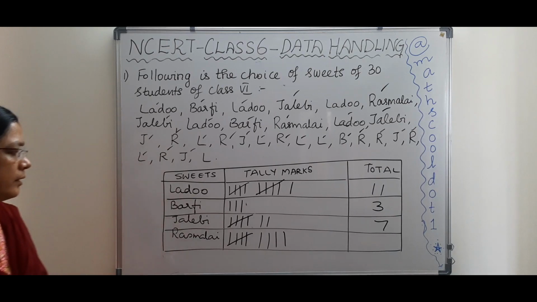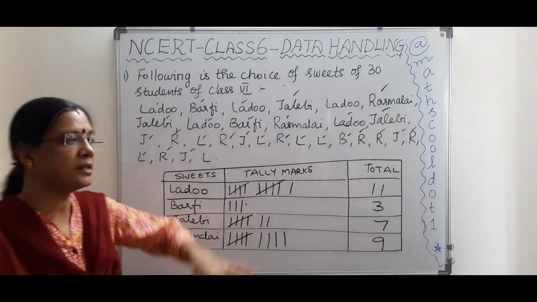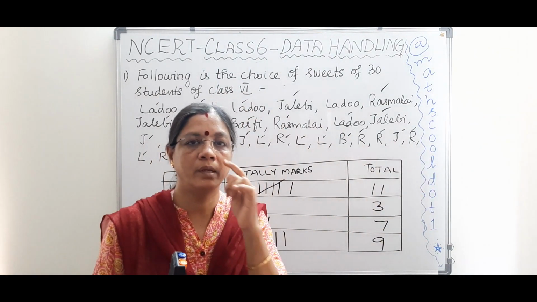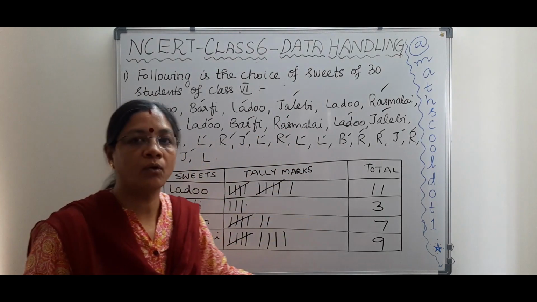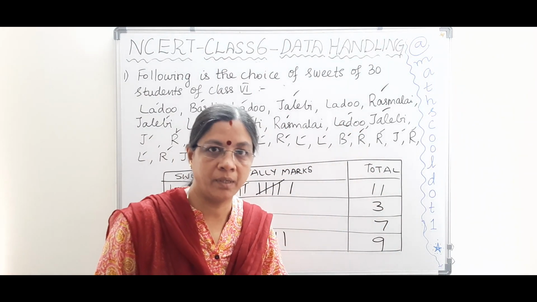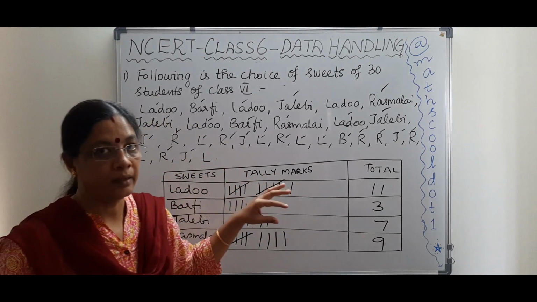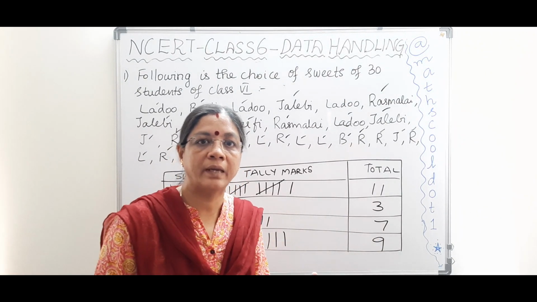So how many have we done? This is 9. How easy it is. By seeing the raw data, we won't be able to understand how many people like a particular sweet, right? So when we present them in the table in a particular order, using the technique called tally marks, it will be very easy for us to answer the question.